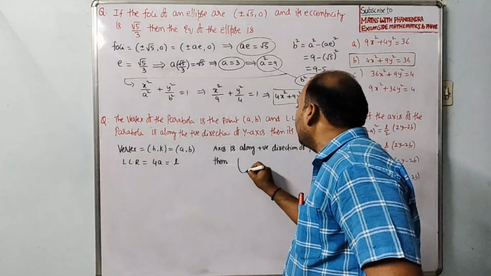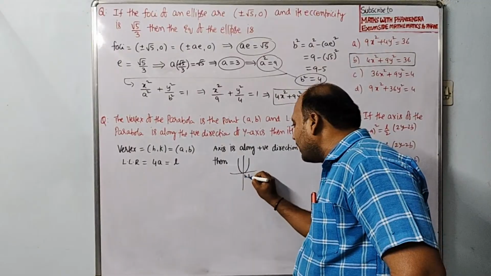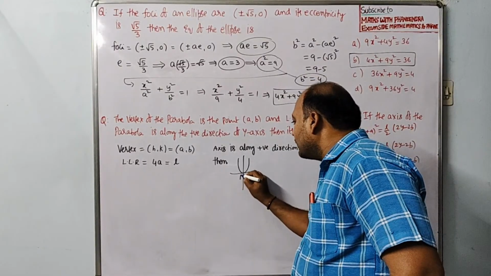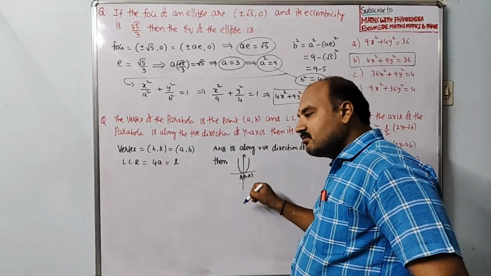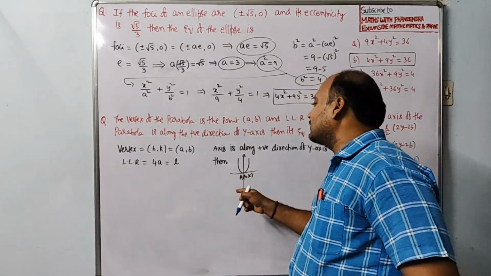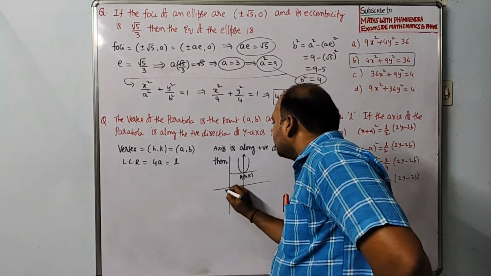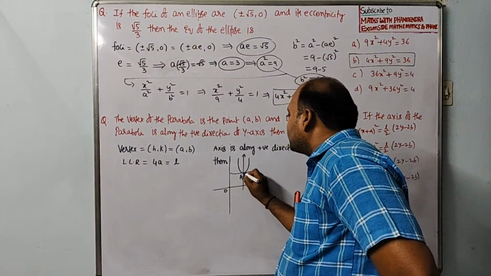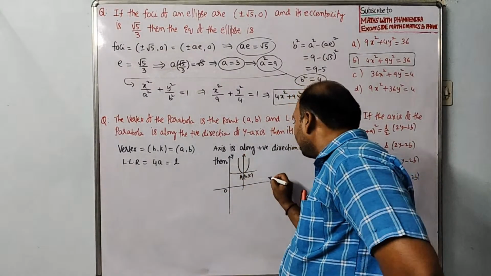The figure will become like this now. This is the axis, dear students. This is H comma K. This is the vertex. Axis along with y-axis. But this is not y-axis. This is along with y-axis. Okay? That means this is origin. Origin shifted to H comma K. This is the y-axis. Is it along with y-axis or not?